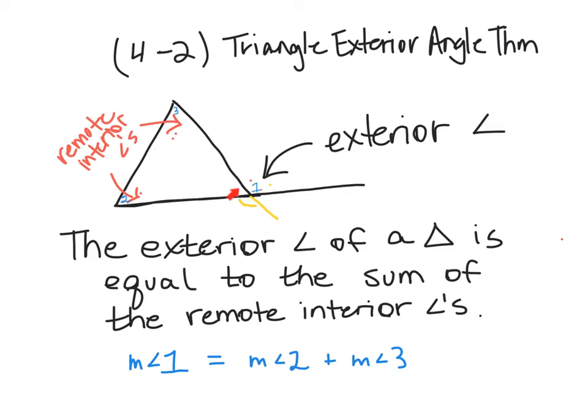And so it's not the close one, it's the far ones. So you add them together and that would equal this exterior angle. So the measure of angle 1 that I have labeled here is equal to the sum of 2 and 3. So the measure of angle 2 plus the measure of angle 3.